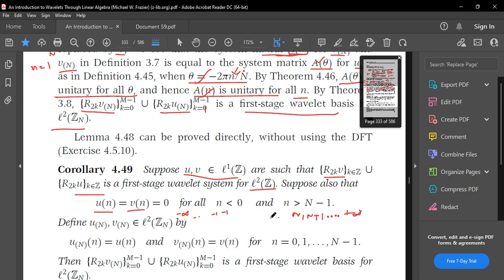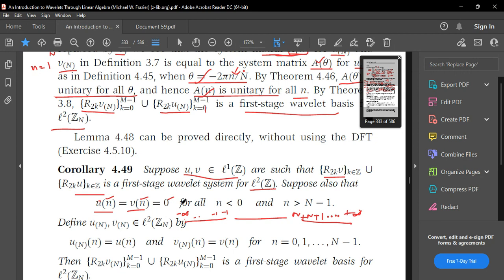Only for a finite number of indices do we have u of n and v of n as some finite non-zero value. For all other infinite indices we have the value of u and v as zeros. Such u and v are taken here.